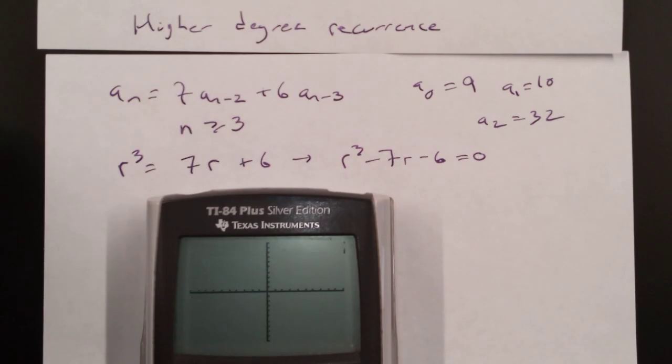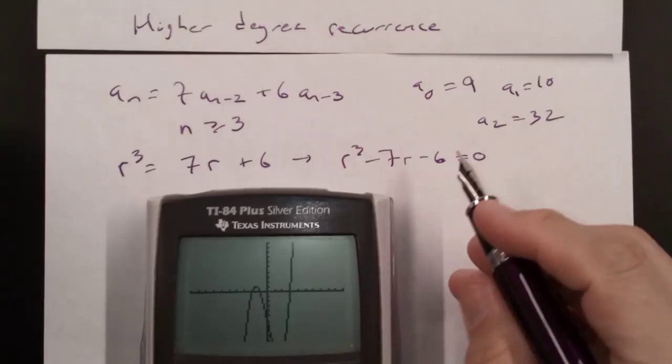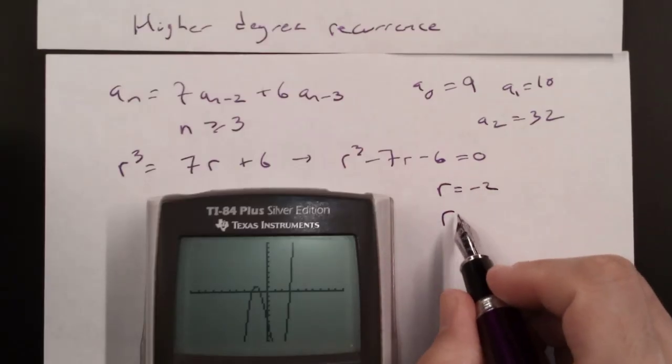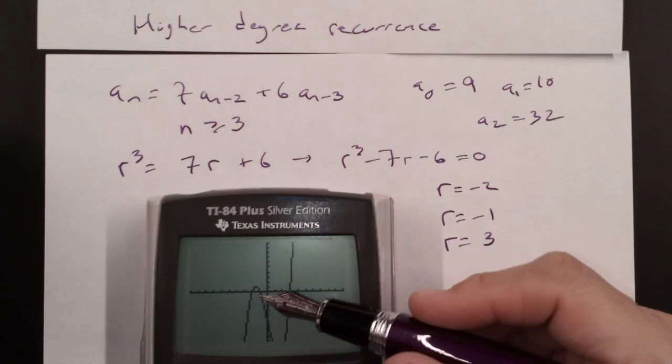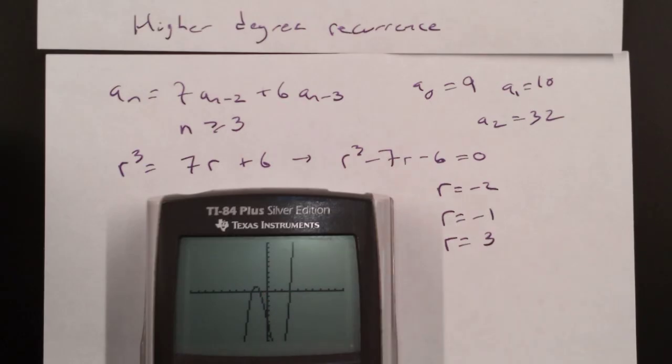Graph. There are my roots where it crosses the x-axis. And there are 3 of them. There are 3 distinct roots here. Perfect. r equals -2, r equals -1, r equals 3. Because that's where I go through the x-axis.